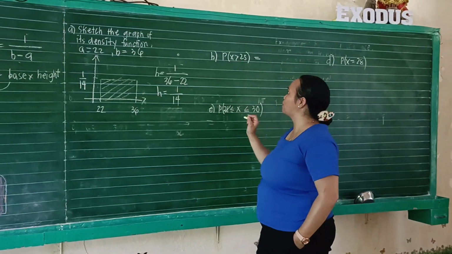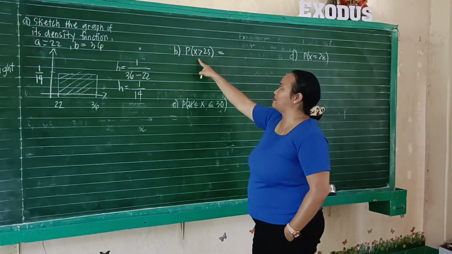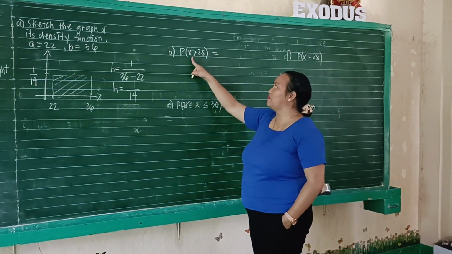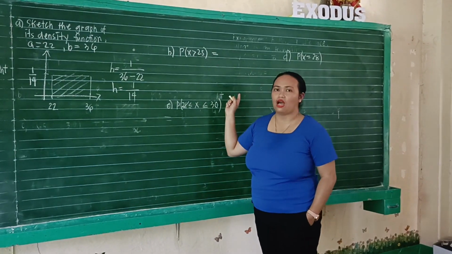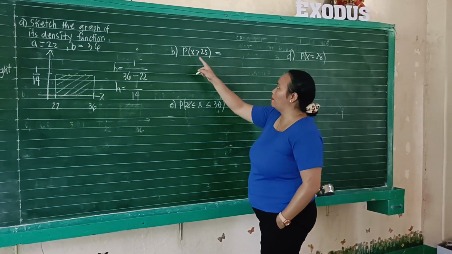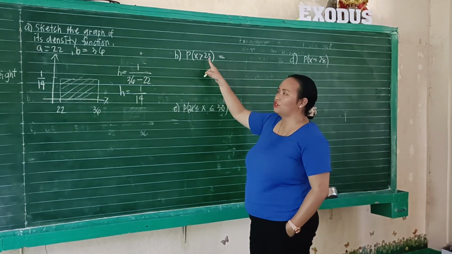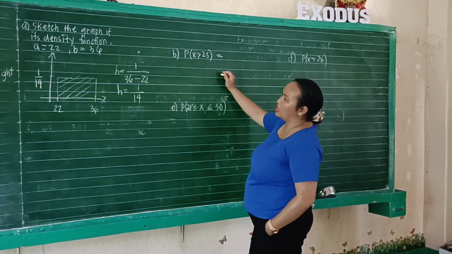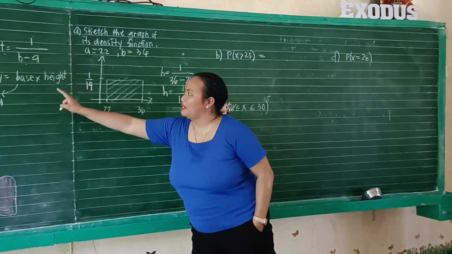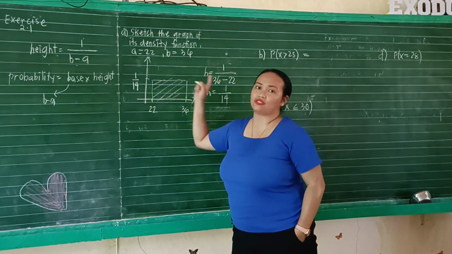Next question. Find the probability that the student can get 25 or more than 25 nga jumping jacks. So, probability of x more than 25. So, saan na siya? The formula is probability equals base times height.